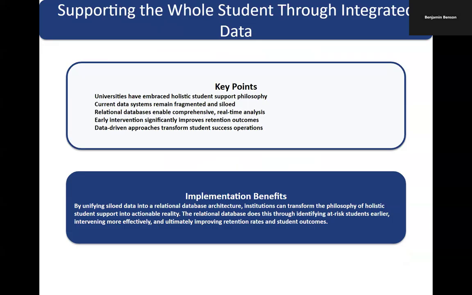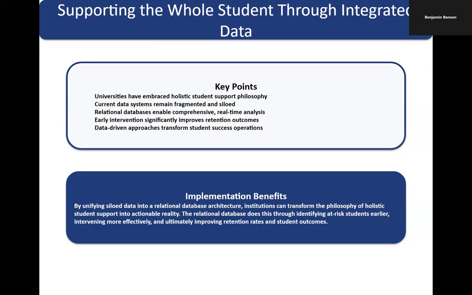Despite wanting to look at holistic student support, we often look at the traditional markers of success, GPA, maybe class attendance. And while those things are necessary to look at, they are not everything that should be looked at. Because current data systems tend to remain fragmented and siloed, different areas on campus, the writing center, learning center might use different things. The relational database would enable a more comprehensive analysis to get those early intervention things out.